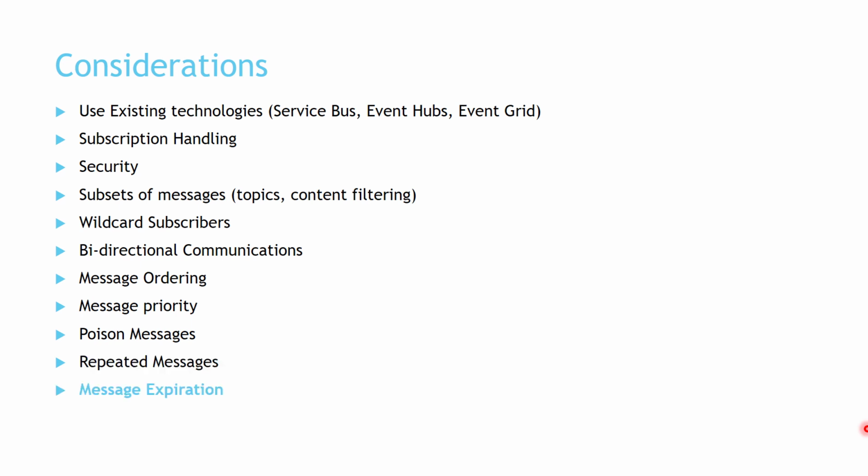And usually a message in the message queue has an expiration time, usually 14 days. You need to define how long you need to keep your message alive in the message queue. And finally, you have an option to schedule your messages. So you publish your message and put it in the message queue, but it is going to be available only at a certain time in the future for the subscribers to process.